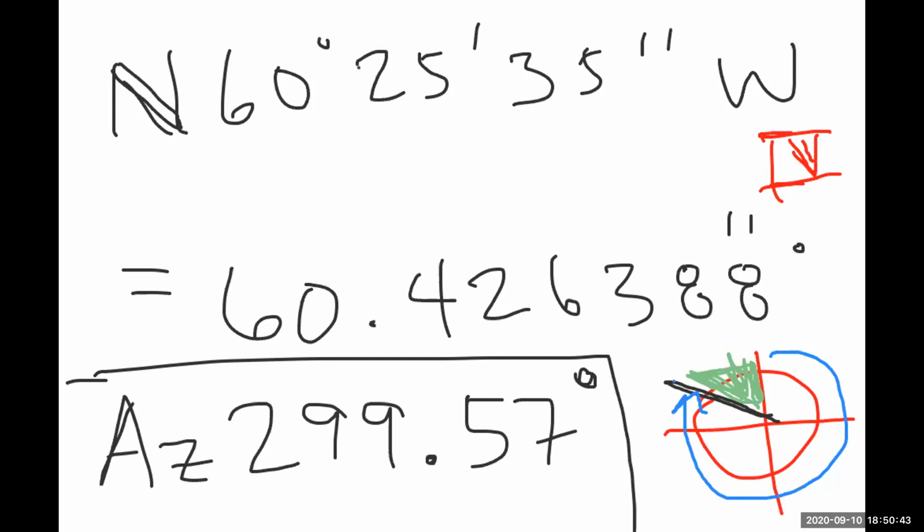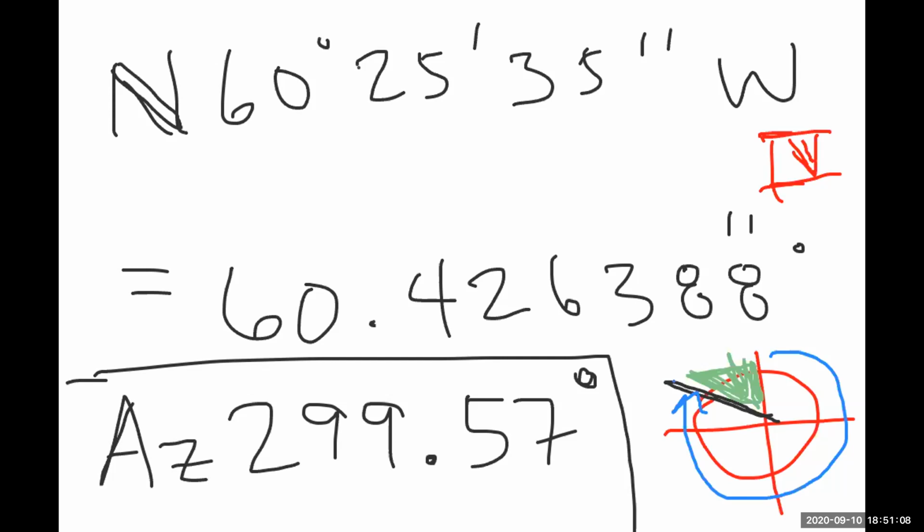So that's how you go back and forth, okay? Notice when I converted the bearing to 60.426388, I didn't round that to hundredths and then subtract it from 360, okay? Now in this case, it would have worked had I rounded it to 60.43, okay?